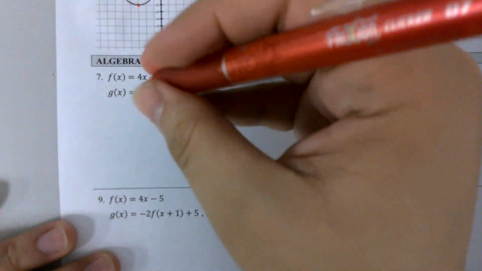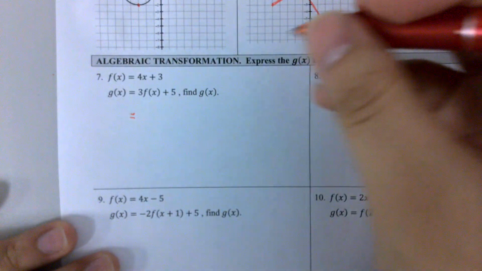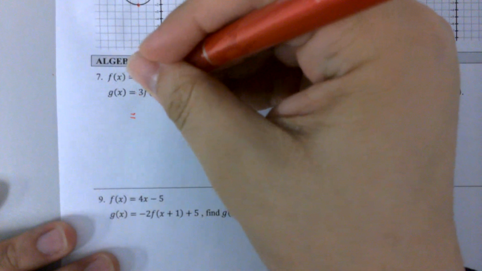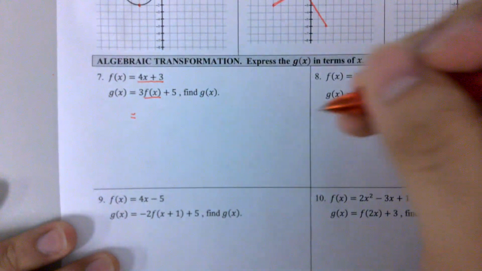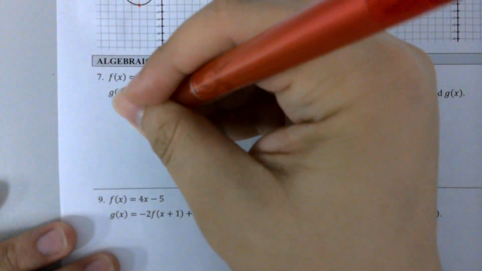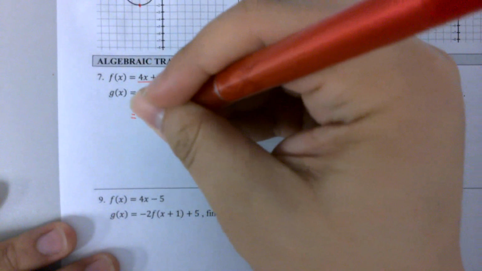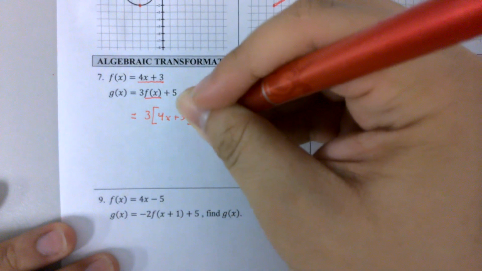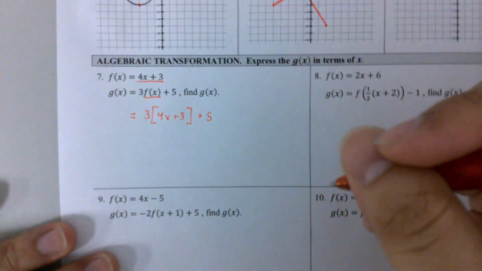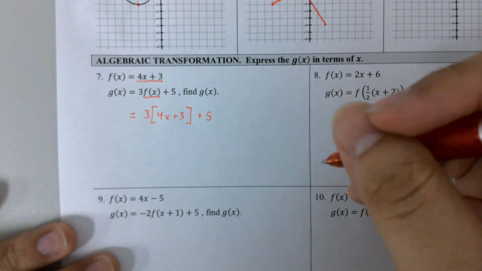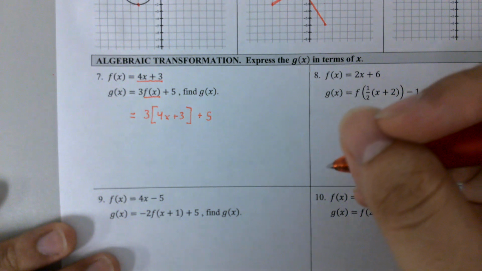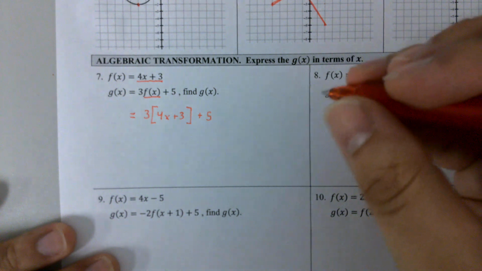So first, this one I think is straightforward enough that we could just directly substitute 4x plus 3 for f of x. When we do that, we get 3 times [4x plus 3], and then plus 5. I'm putting our function in brackets just because some of these will have parentheses as well, and so I want to have a distinguishing grouping symbol.